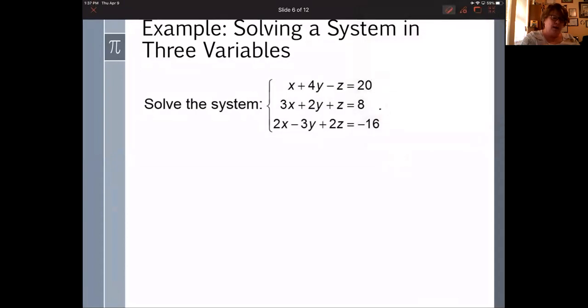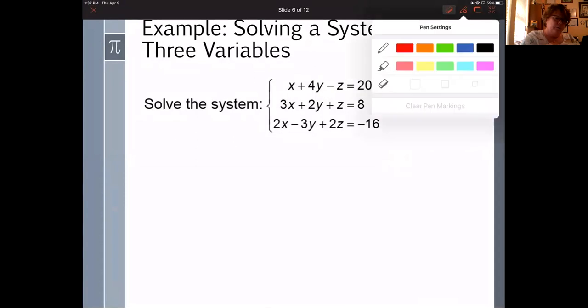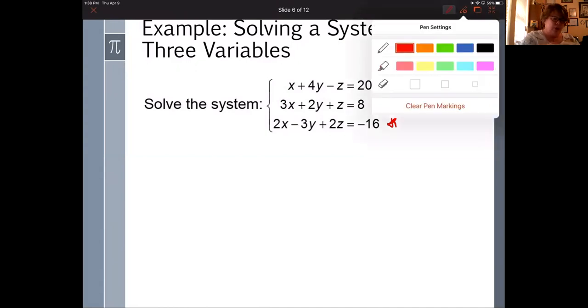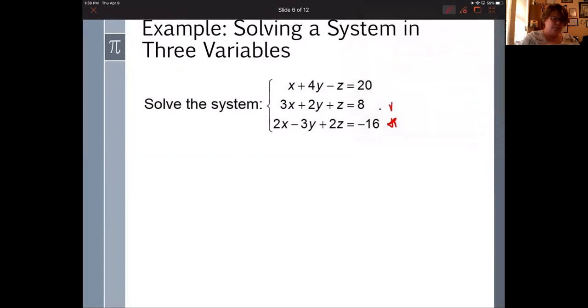So you could pick 1 and 3 and eliminate the exact same variable you eliminated from 1 and 2. Or you could take equations 2 and 3 and you could eliminate the exact same variable that you eliminated from 1 and 2.